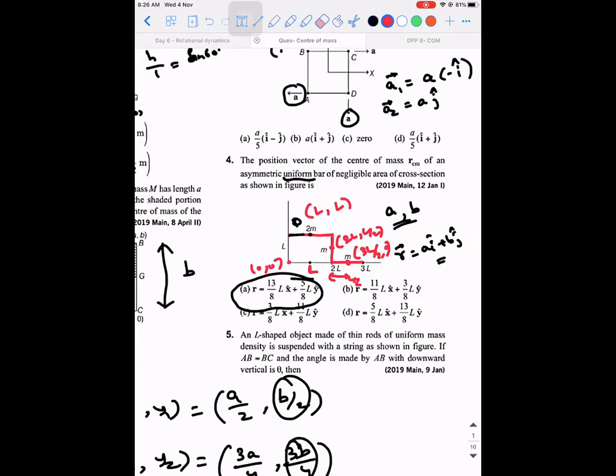It is 5L by 2, right? 5L by 2, comma 0. Because this distance is 2L and this distance is L by 2. So 2L plus L by 2 is 5L by 2, comma 0. I hope you can do this.